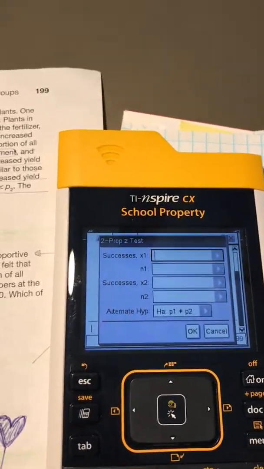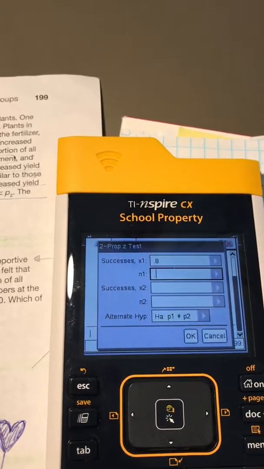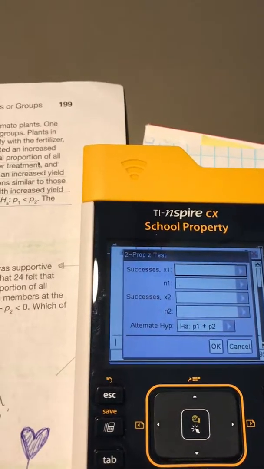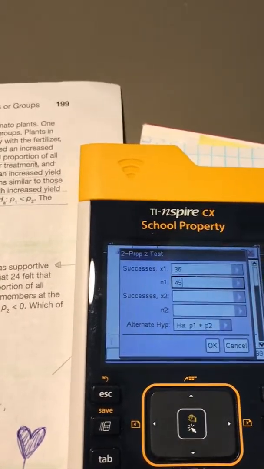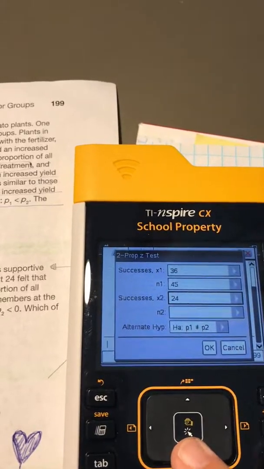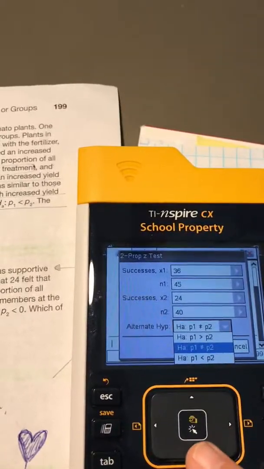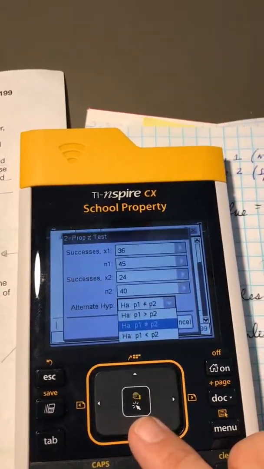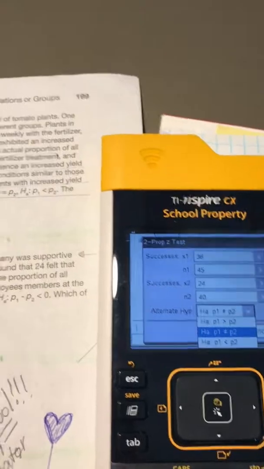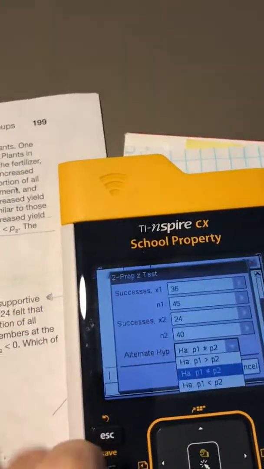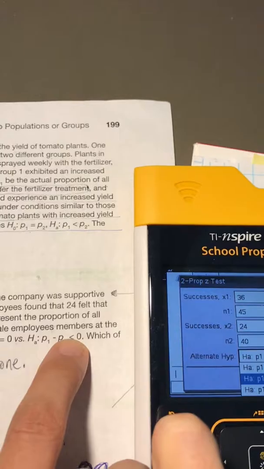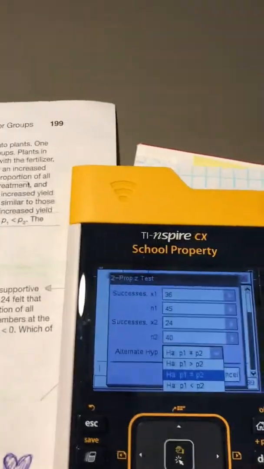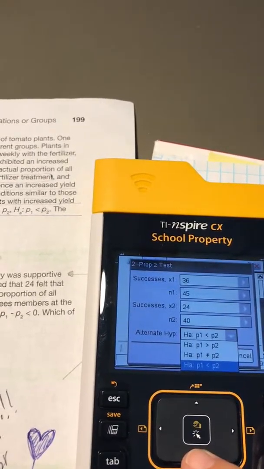Okay, so our x1 was 36 out of a total of 45 and 24 out of a total of 40. And we want to do one-sided, so that would be, I think P1 is smaller. So we actually think here that that would be a negative number, meaning the amount of men would be smaller. So I'm going to pick that one.